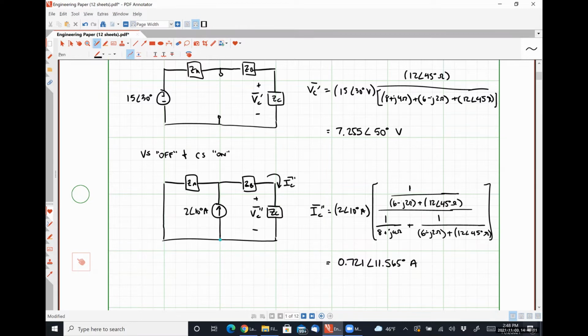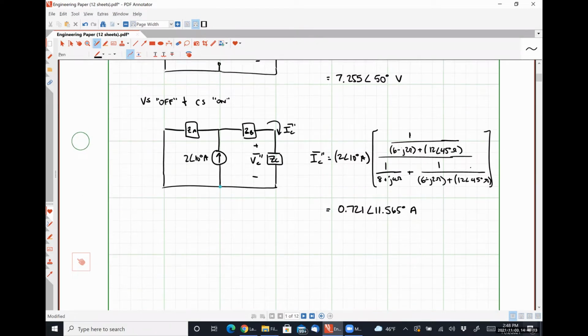All right, so from here, VC double prime is just IC double prime times ZC. Which I get to be 8.652 angle 56.565.